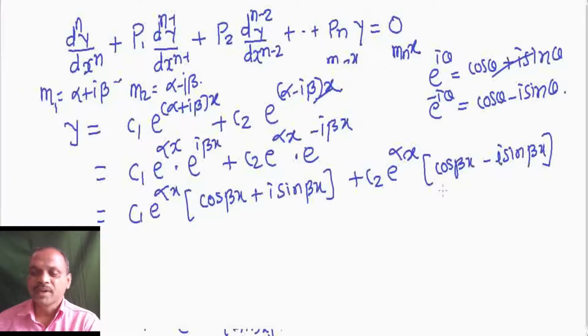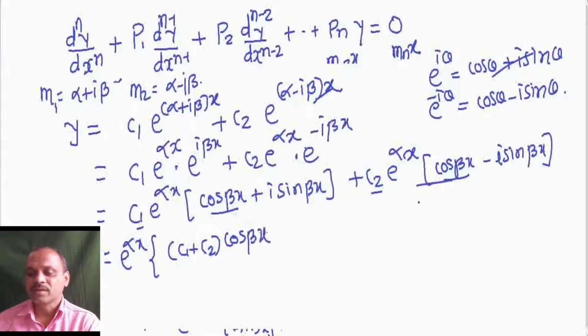Now you can see that we can take e^(alpha x) common. Then here c1 and cos beta x, here c2 into cos beta x, so this is equal to (c1 + c2) cos of beta x plus, now here i common, i (c1 - c2) sine of beta x.